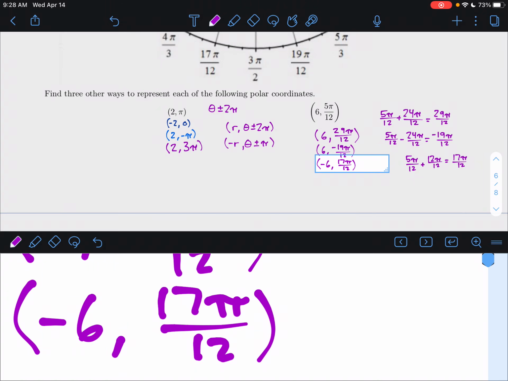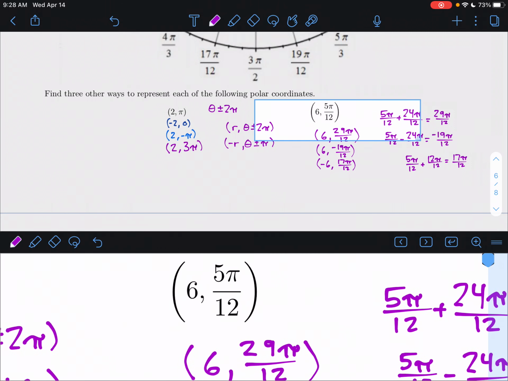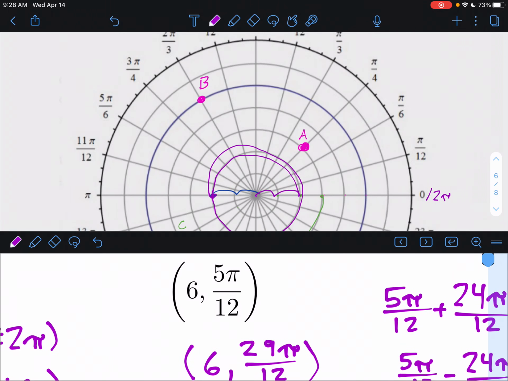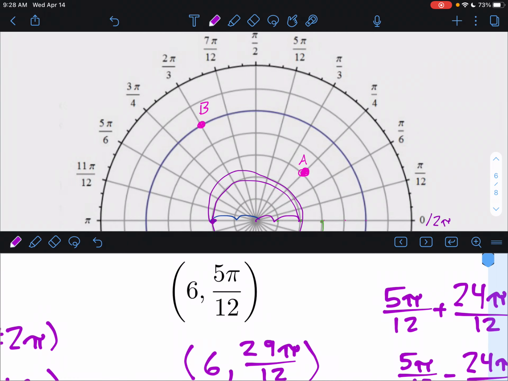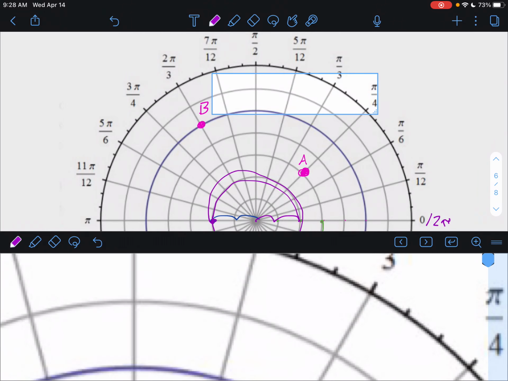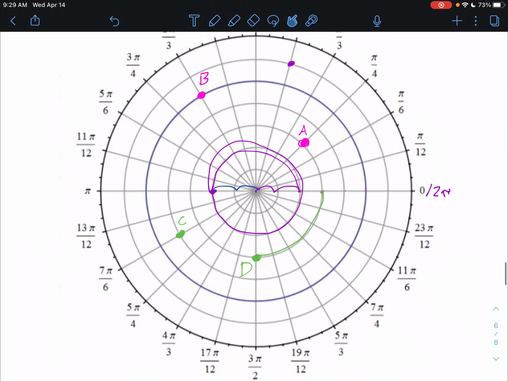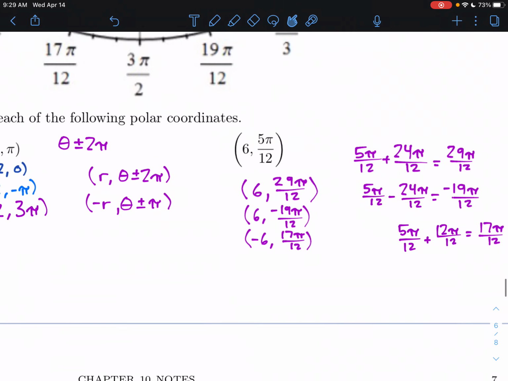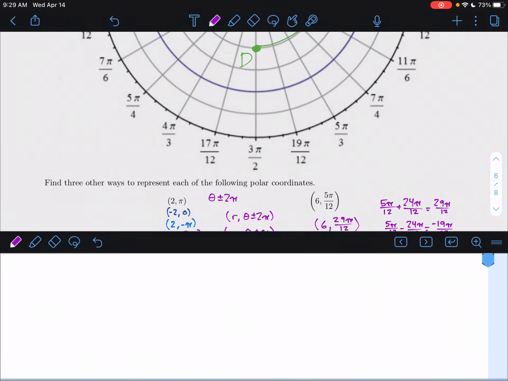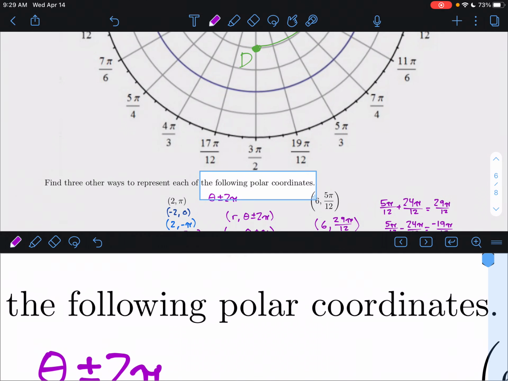If I were to plot any of these 4 points, they would all end up at the exact same point, which is where (6, 5 pi over 12) is, up here. And again, this part should mostly just be a review from pre-calc. Remember, you can add or subtract 2 pi to the radians. So that's how to plot in polar coordinates.